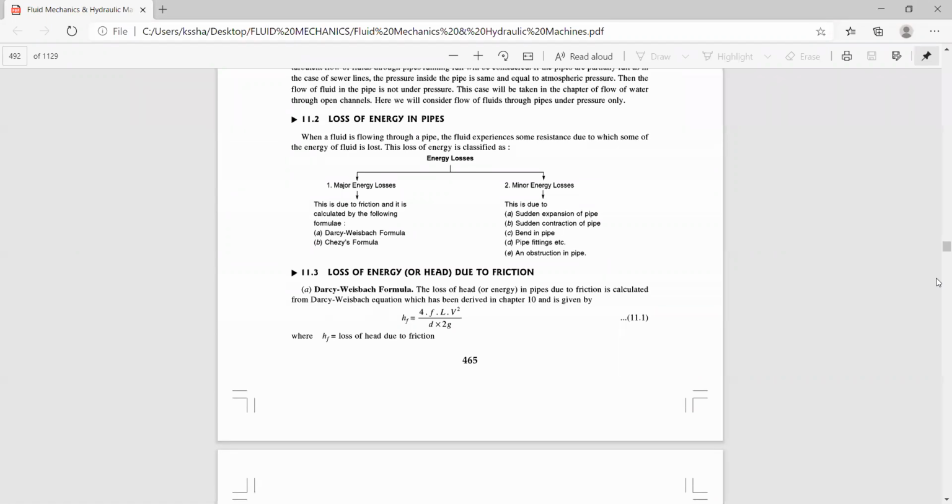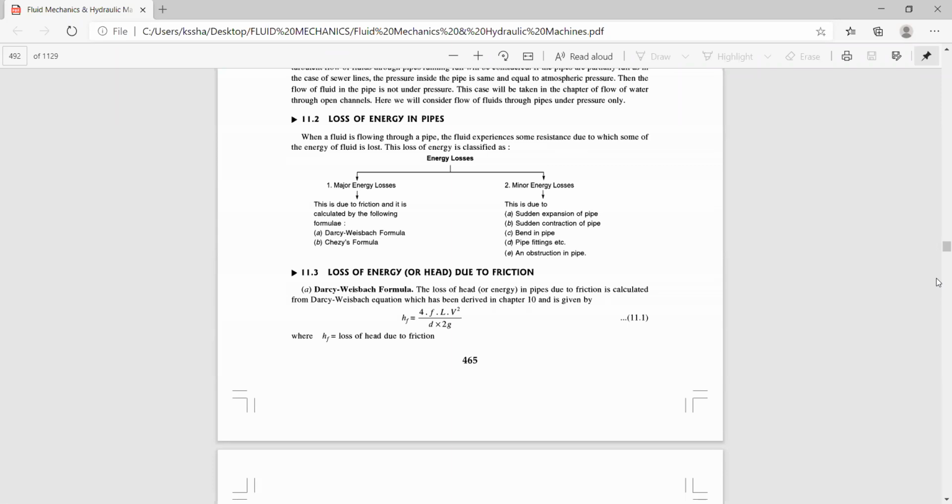See here, in this module we have to study the flow through pipes. When water flows through a pipe, what are the pressure forces it is experiencing, and what is the loss of energy, and what are the losses we have to study in this.